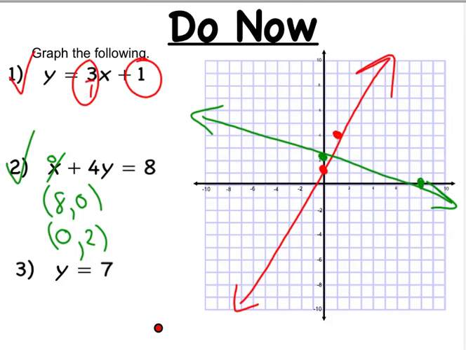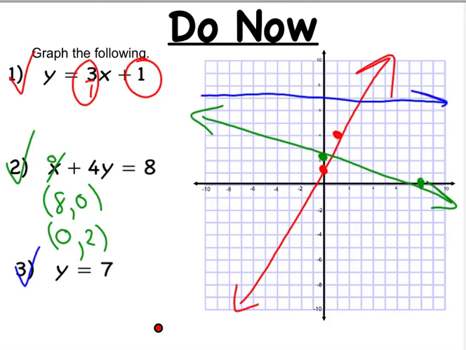All right, the last type we have is one of the special cases, which are horizontal and vertical lines. We know that's the case when we are missing either the x variable or the y variable. So this is missing an x. We have y equals 7. Since it's y equals, it's a line that goes through the y-axis. The only type of line that can go through the y-axis is going to be a horizontal line.